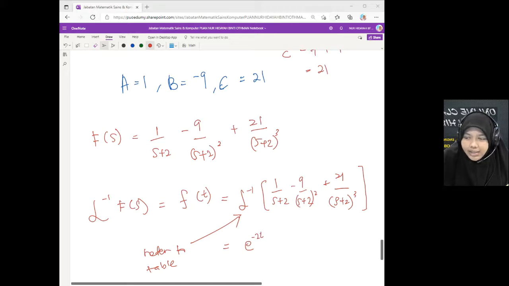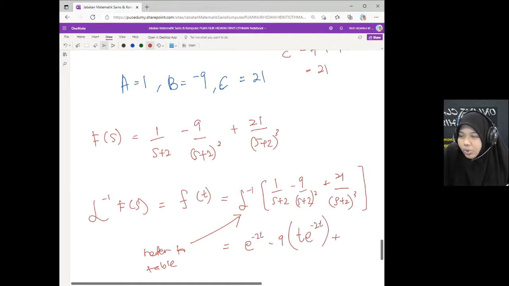Bila yang s tambah 2 tu kuasa 2, kita kena rujuk di table nombor 5, di mana dia akan tolak 9 kalikan dengan 1 over s plus 2 kuasa 2, kalau kita rujuk pada table kita, dia akan jadi t e negatif 2t.